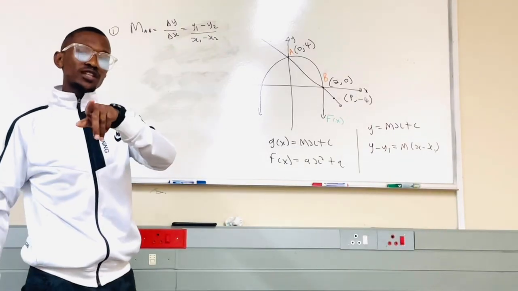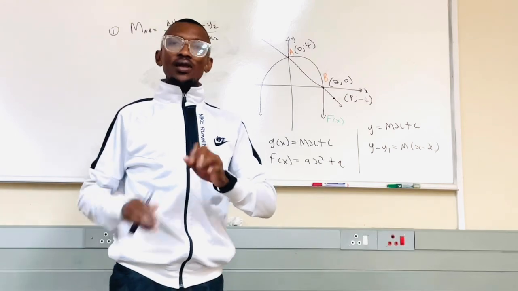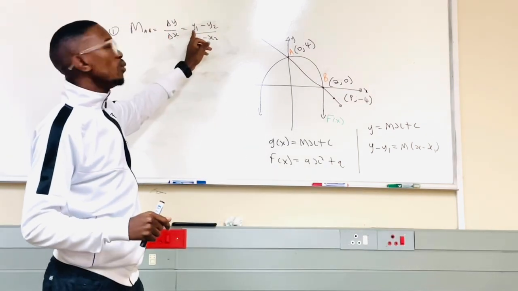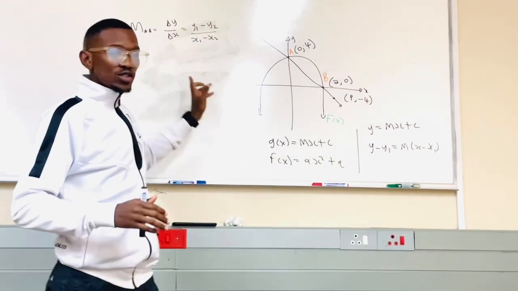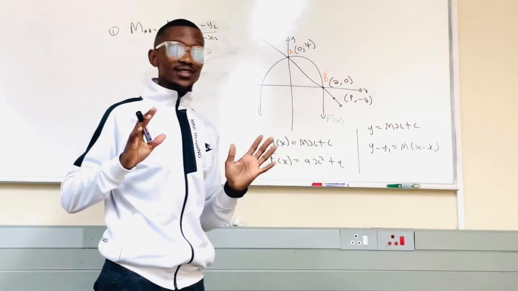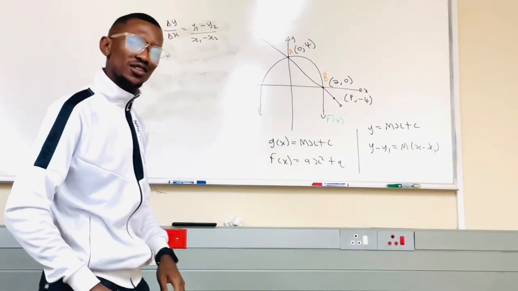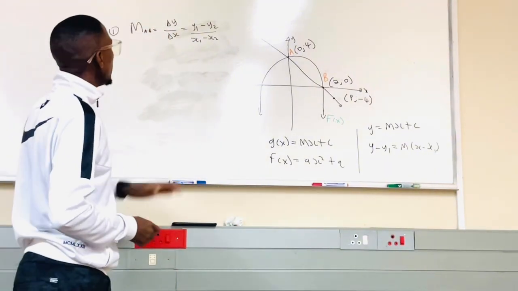Guys, remember, just check one of my videos on the basics of analytical geometry. You are still allowed to say y2 minus y1 divided by x2 minus x1, okay? So don't stress and be like, no, my teacher said otherwise. It's fine, okay? We got you. We're on the same page, you know what I'm saying? All right, then from there, let's start.